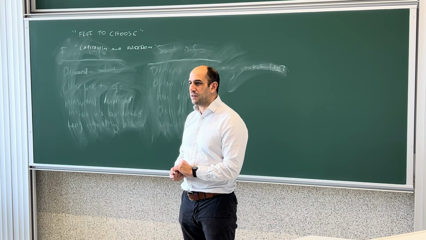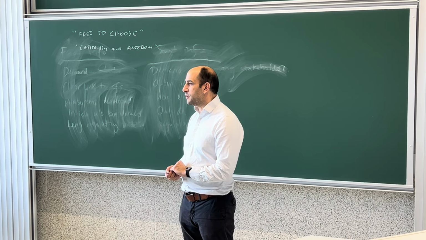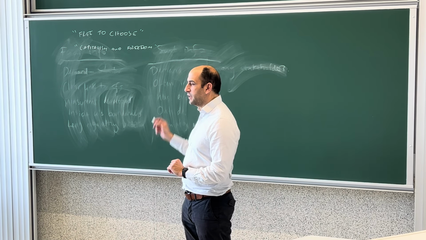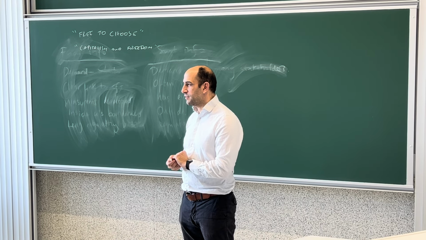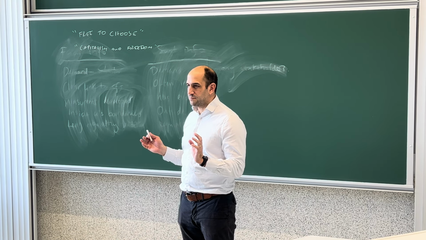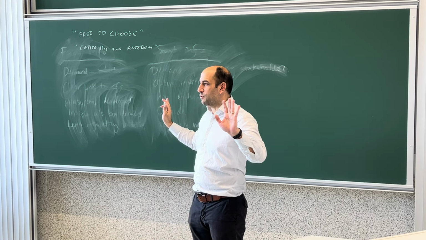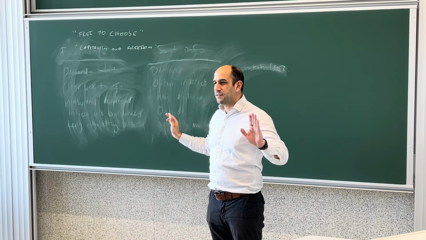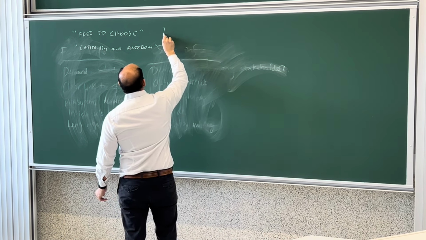Kind of adjacent to that school. The Austrian school, but this is not an Austrian, right? It's kind of quasi-Austrian. Chicago. Who's the most famous economist of the Chicago school? Friedman. Milton Friedman.